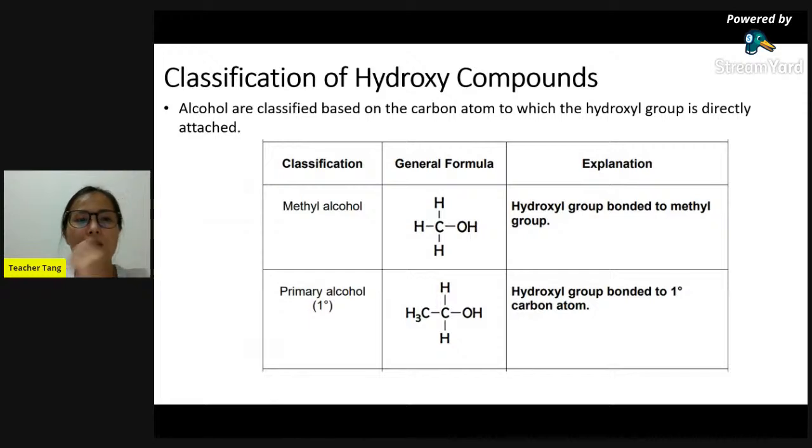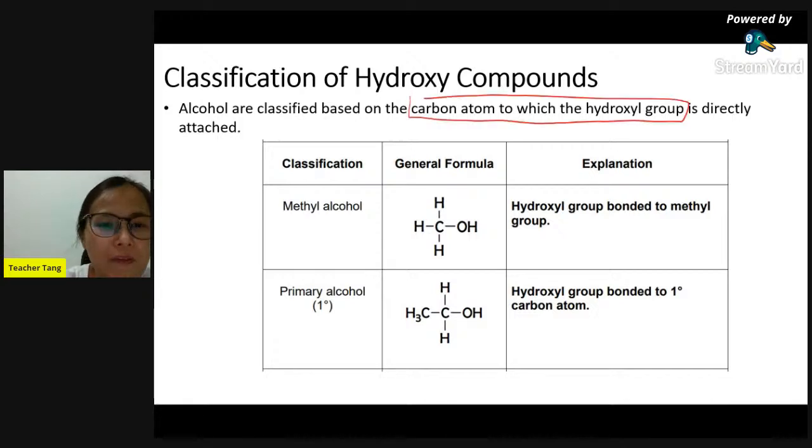Now we move on to look at how to class hydroxy compounds. Like haloalkane, hydroxy compounds can also be classed based on the carbon where the hydroxyl group is attached. For example, this is the carbon that the hydroxyl group is attached to.